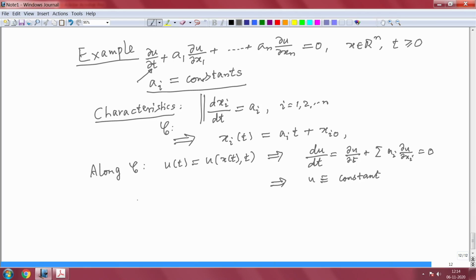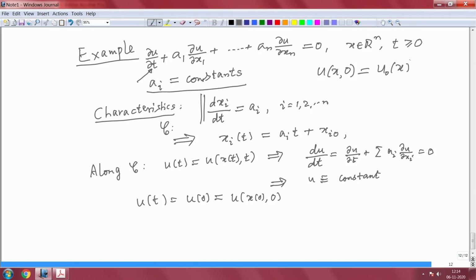So, that means u of t is equal to u of 0, that means u of x 0, 0. And so if I give the initial condition, this is u 0 of x.